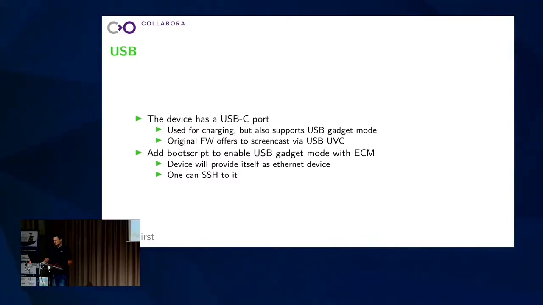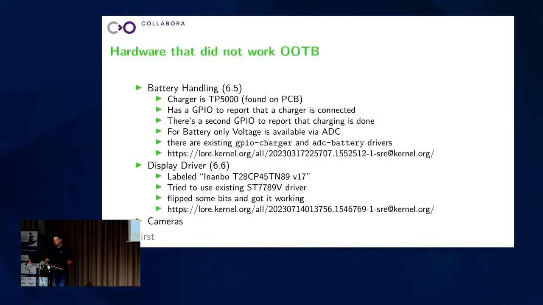So next, I had to look at the hardware that was not working out of the box, which was actually not that much. The first thing was the battery stuff. As I mentioned at the beginning, I'm maintainer of that subsystem, so it wasn't that hard to figure out. The hardware has a small chip for charging the battery that basically works autonomously without any software interaction.